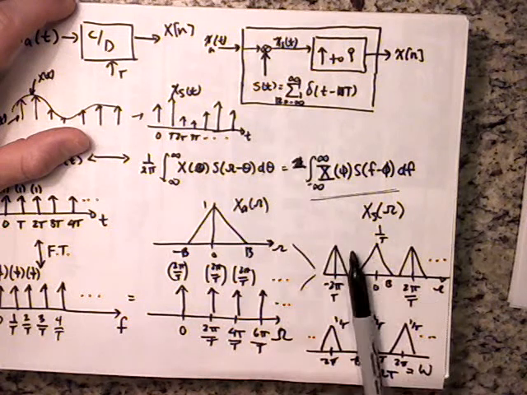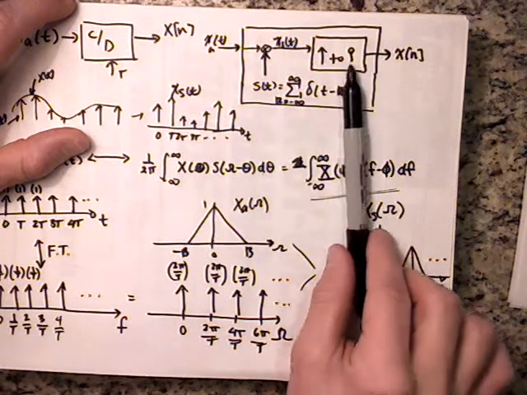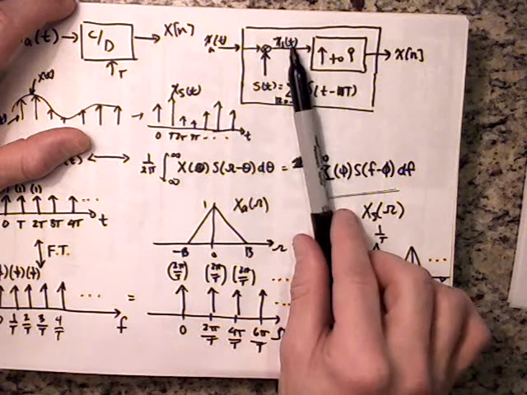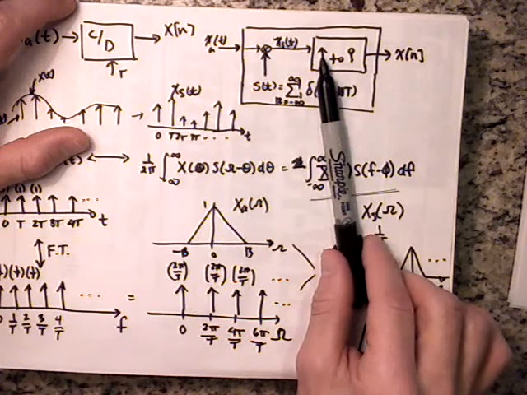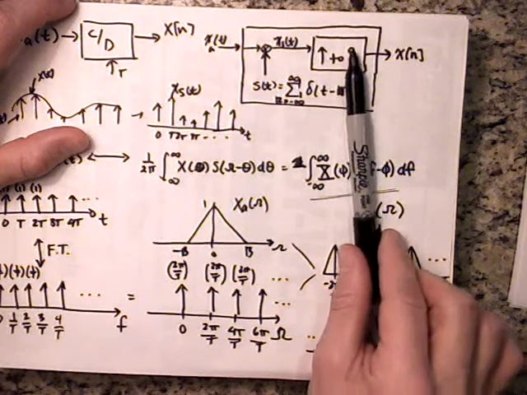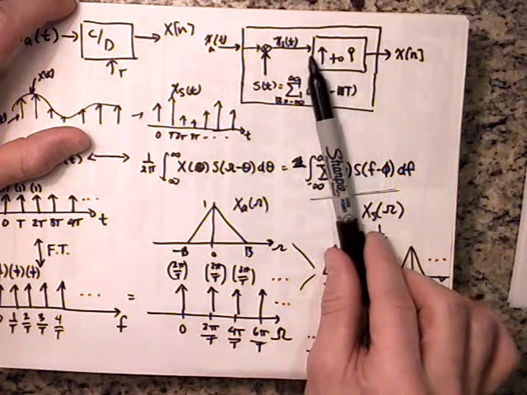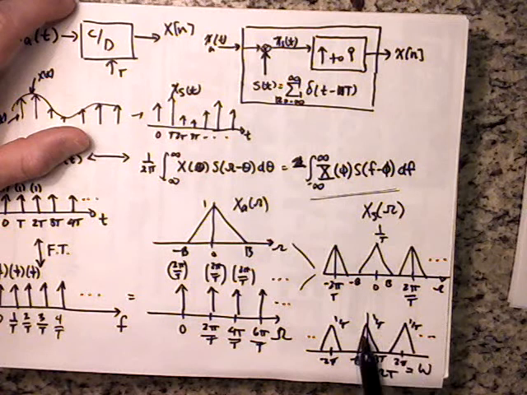And then it has a spectrum which is periodic with period 2 pi over capital T. We then take that continuous time signal that's all comprised of impulses, and we exchange those time domain impulses for discrete time domain samples by rescaling the time axis by capital T, which rescales the frequency axis by capital T to give us the spectrum.